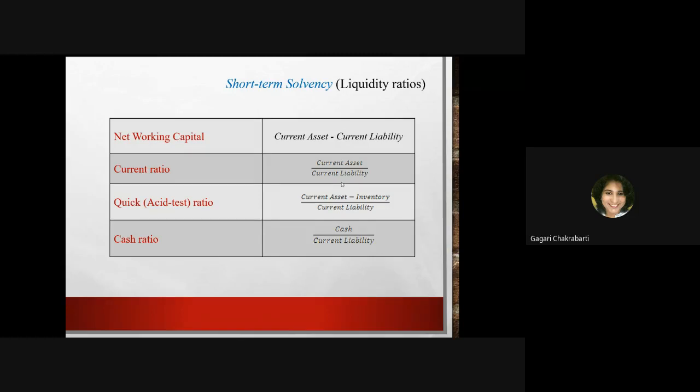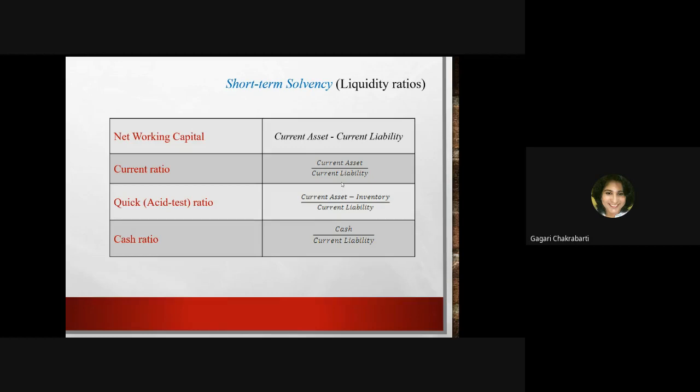Then comes the quick ratio or the asset test ratio. Now, whenever you are talking in terms of the asset, be it current asset, be it total asset, be very, very careful while you are comparing the firms. Suppose I have given you a balance sheet for a service provider and an IT firm, and the balance sheet for a hardcore old economy firm.